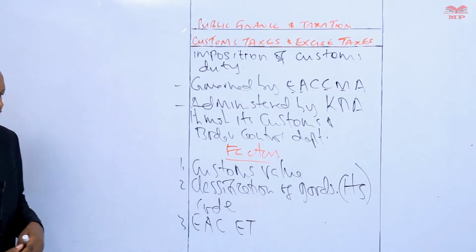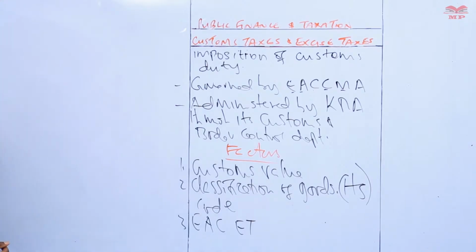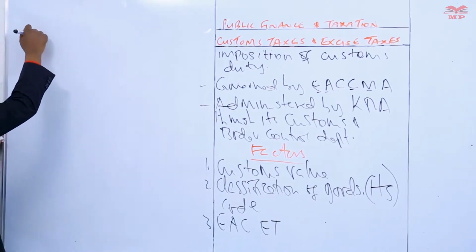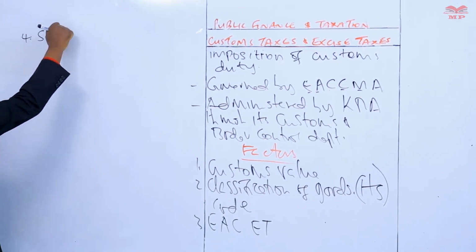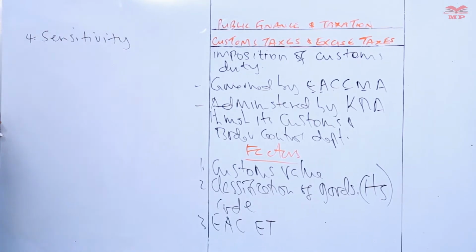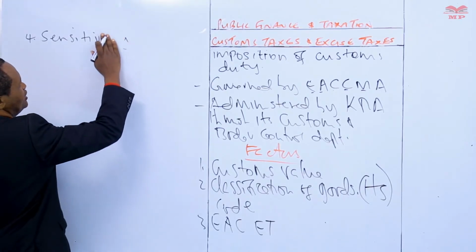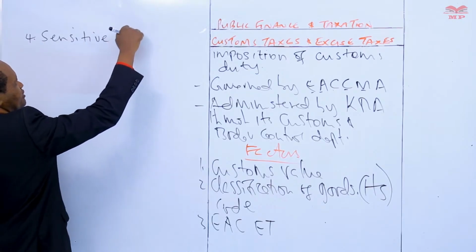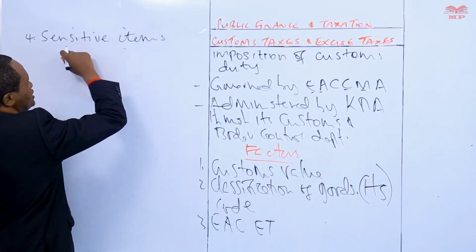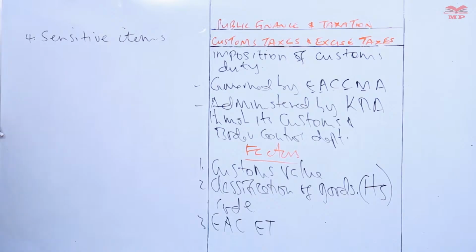Then the fourth factor is sensitive items. Candidates, we are highlighting factors that determine the amount of customs duty payable.